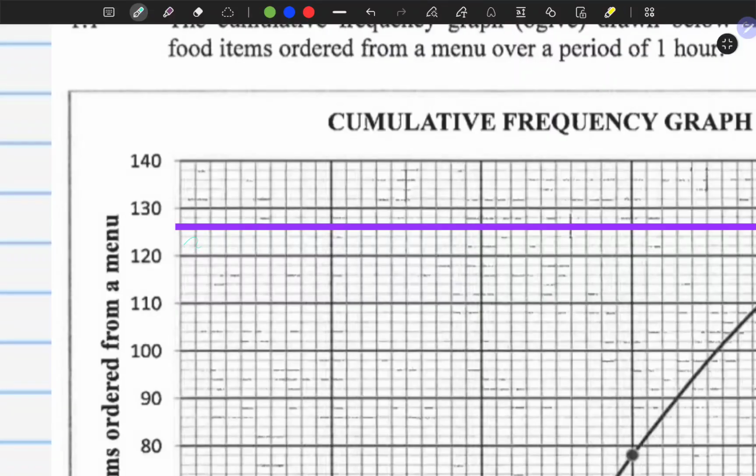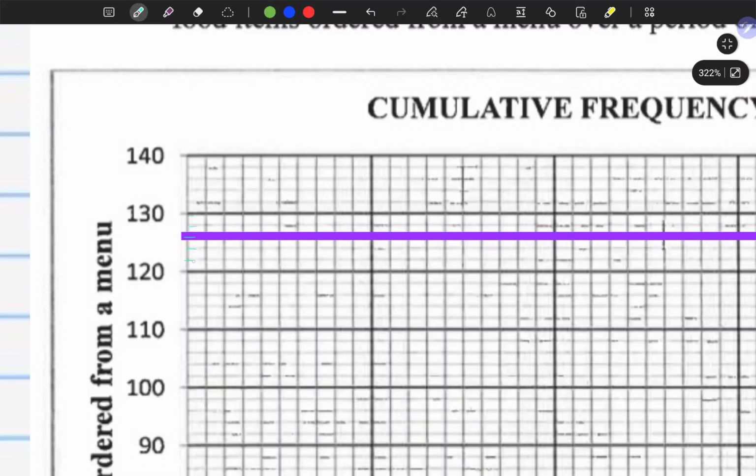because what you have is your 120. So you have 1, 2, 3, 4, 5. So if you observe carefully, this means it's moving in twos. So that's 122, 124, 126.